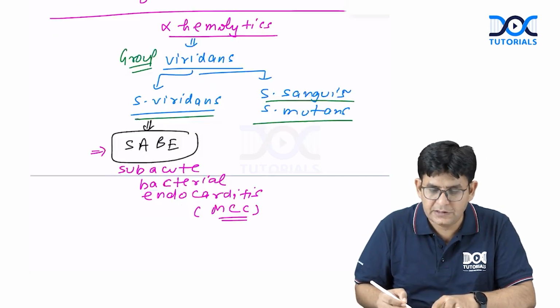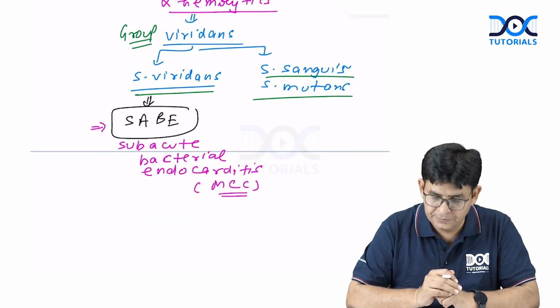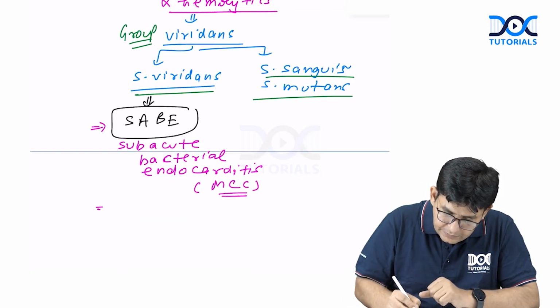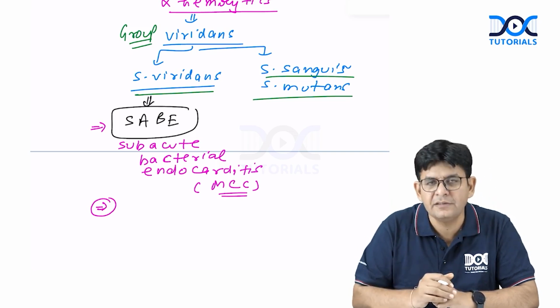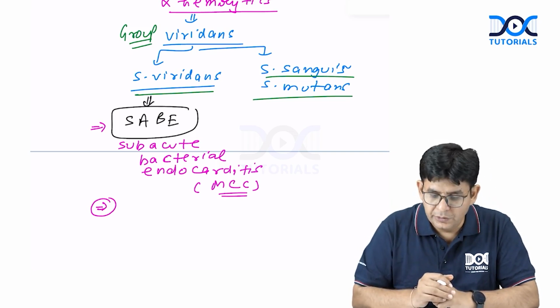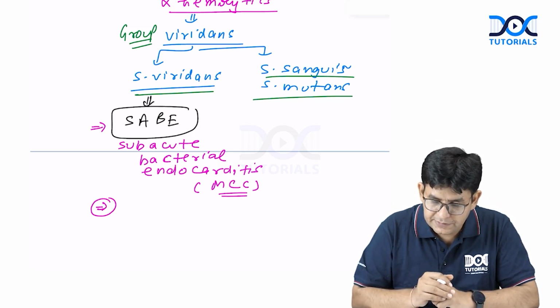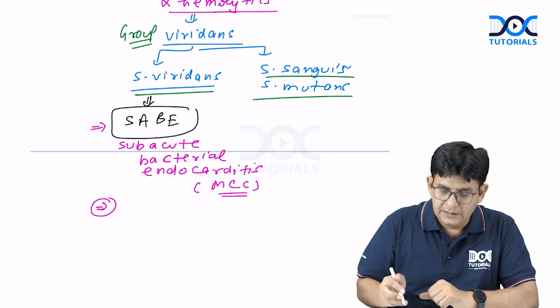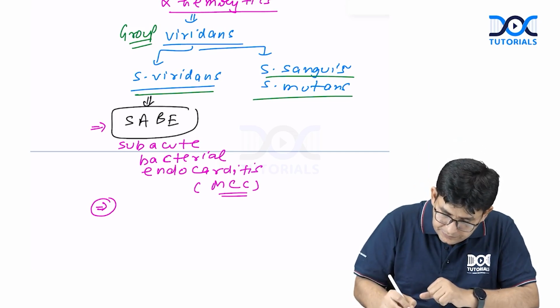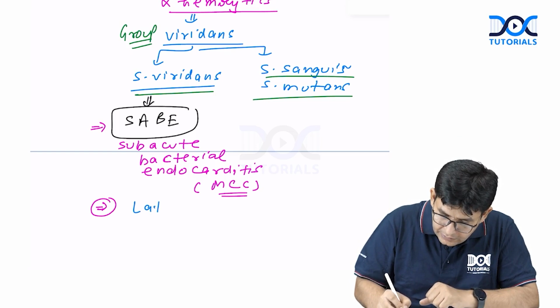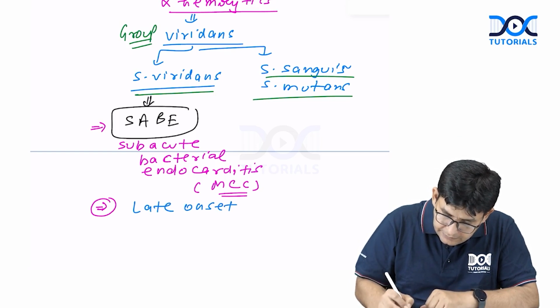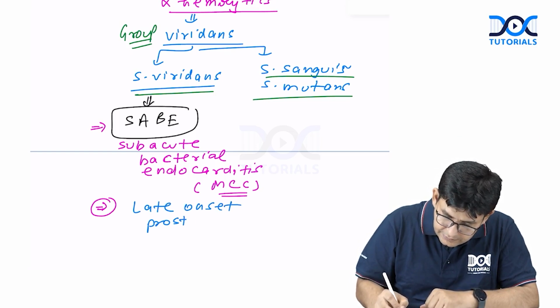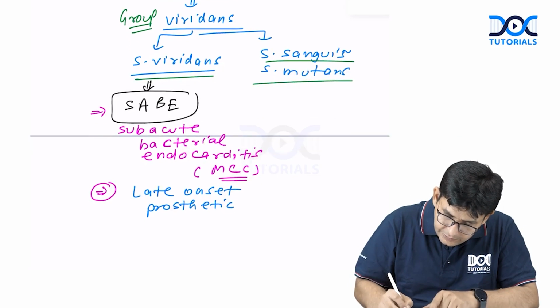Which one? The Streptococcus viridans. Besides that, what else do you need to know regarding Streptococcus viridans? Some other aspects also: this associates with late onset prosthetic valve endocarditis.